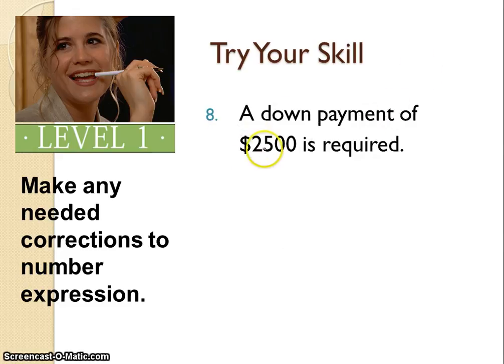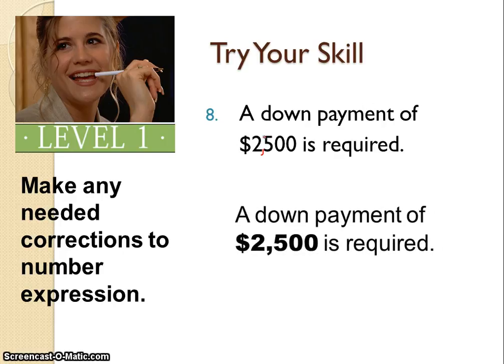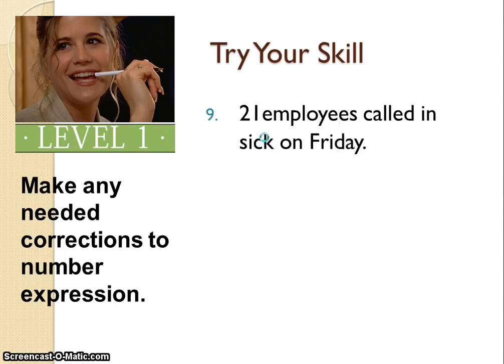Why don't we go in here and put the 1,000 separator? 21 employees called in sick on Friday. Well, we never start a sentence with a number, so we're going to have to write this as 21. We need that hyphen in there.